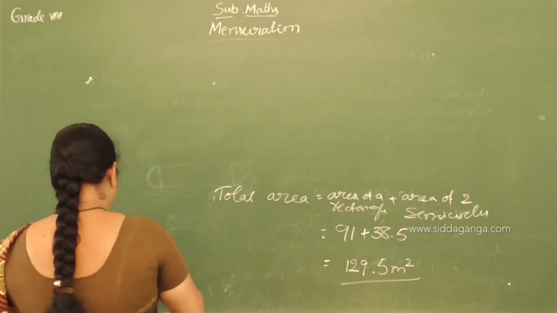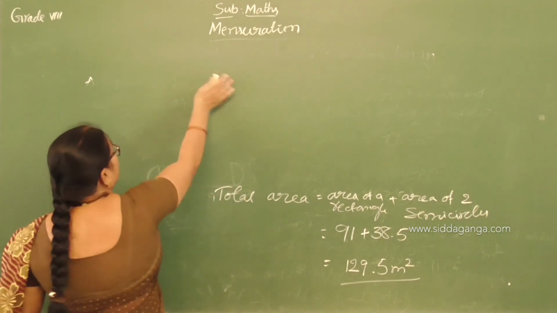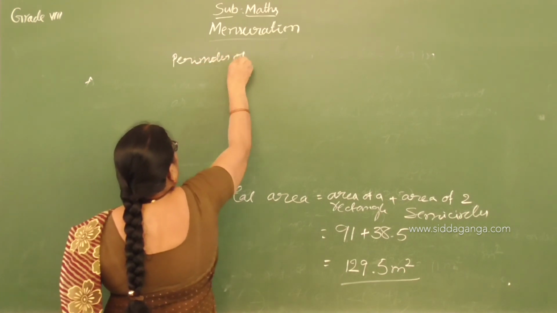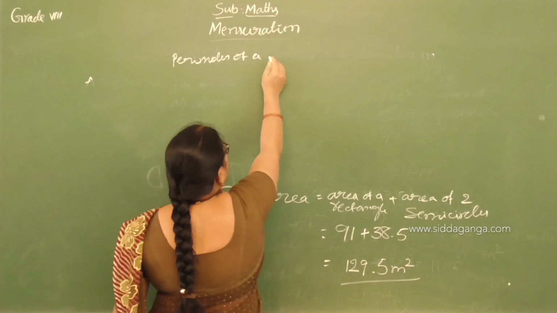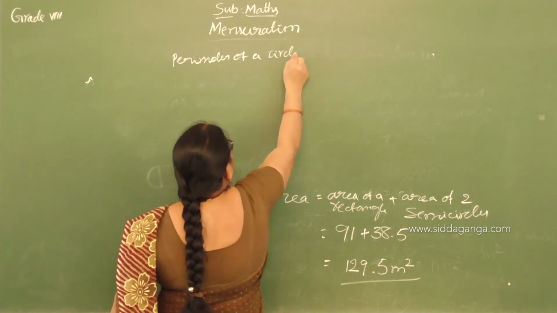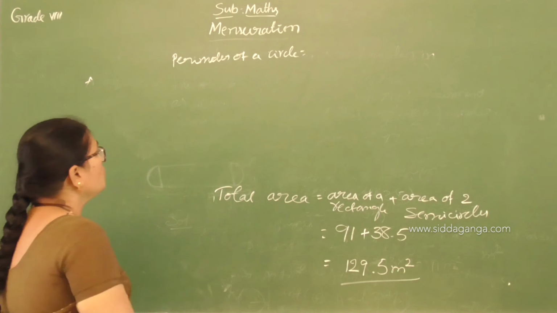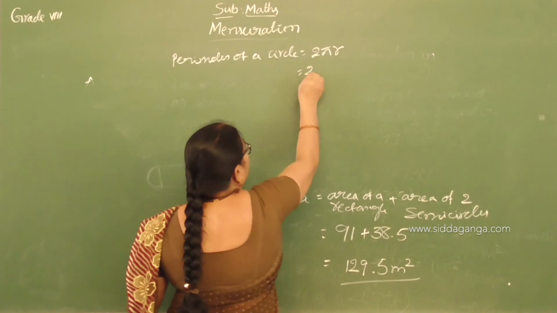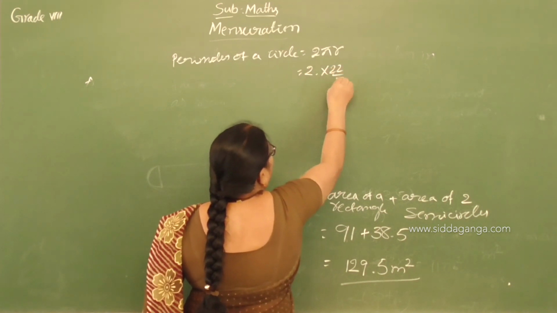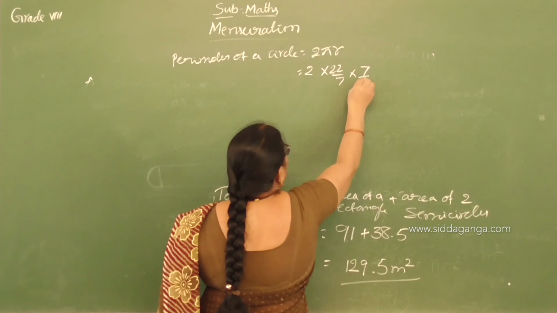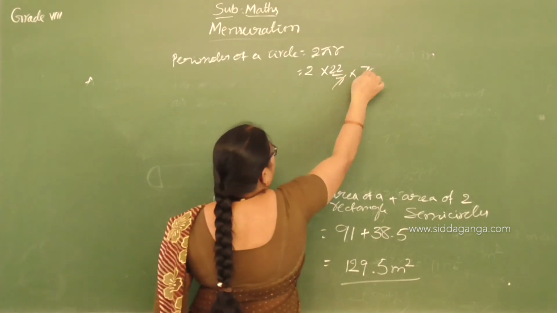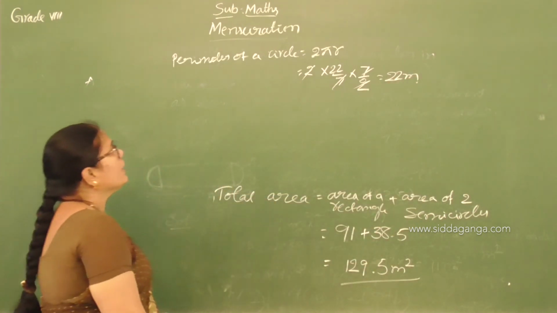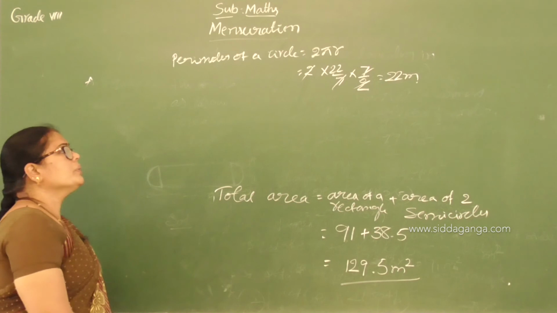Perimeter of a circle is equal to 2 pi r, that will be equal to 2 into 22 by 7 into r, which is 7 by 2. Here the 7s get cancelled, the 2s get cancelled, that will be equal to 22 meters. Here perimeter of a circle is equal to 22 meters.